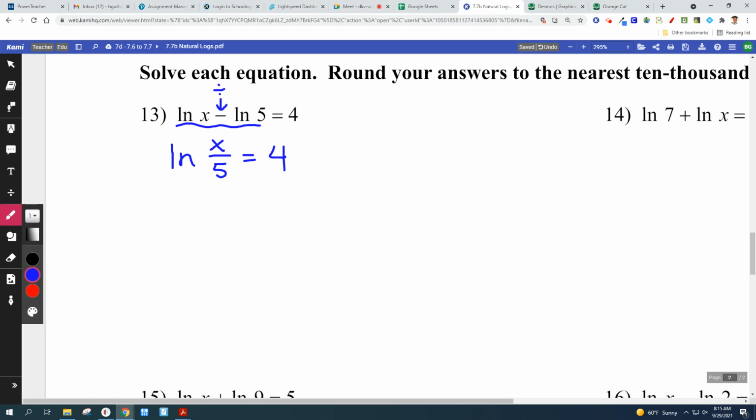Now remember, a natural log is a log base e, right? And so if I want to get out of a natural log, does anybody know what I'm going to do?